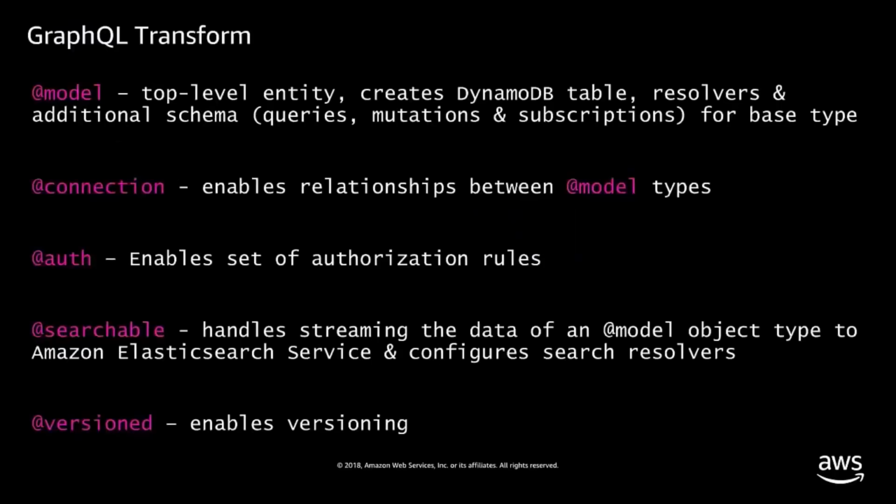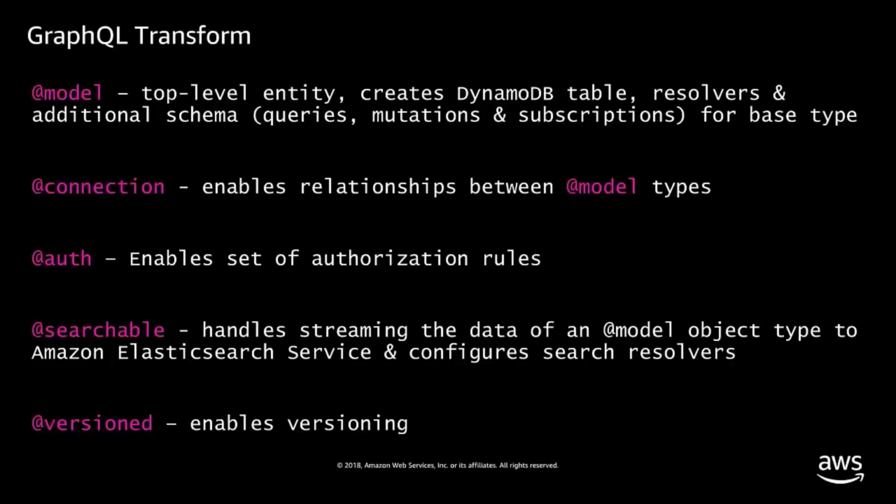There are different types of GraphQL transforms that you can use. We looked at @model. This is what you would use to do the DynamoDB table generation, resolvers, and additional schema that we just looked at. We also have @connection. @connection allows you to define relationships between these types. We have @auth. Auth allows you to set authorization rules.